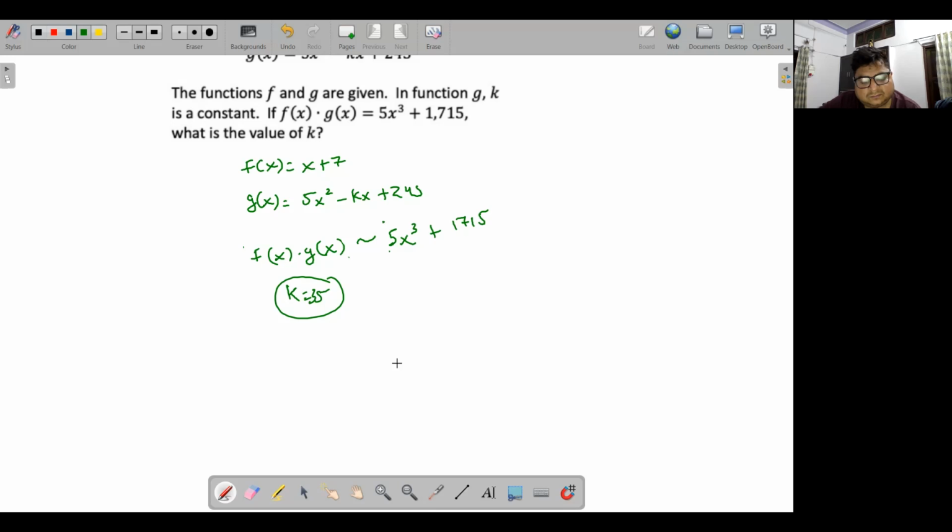Now, does anyone have any doubt regarding Desmos? Mostly, from what I have seen in past years, Module 1 will have 22 questions. Of these, 16 to 17 questions can be solved using Desmos.